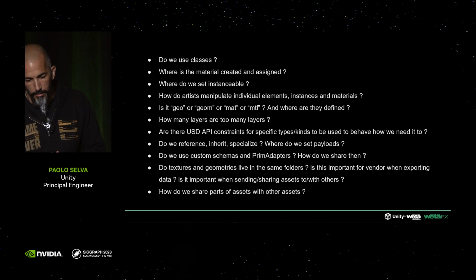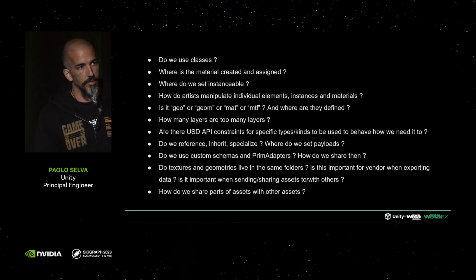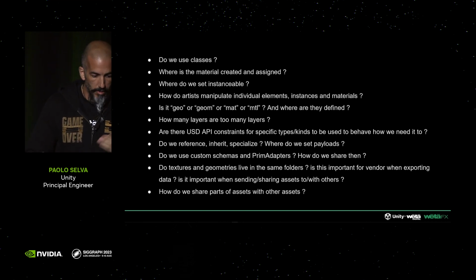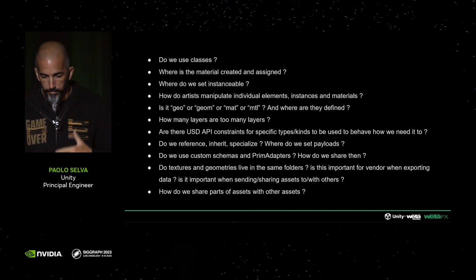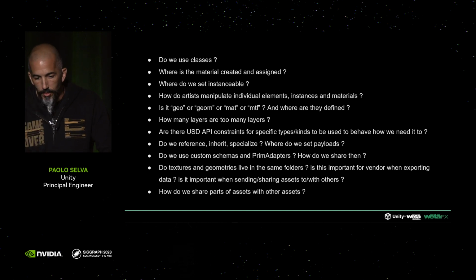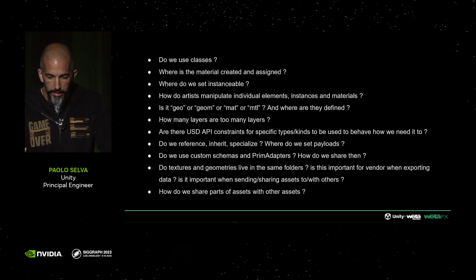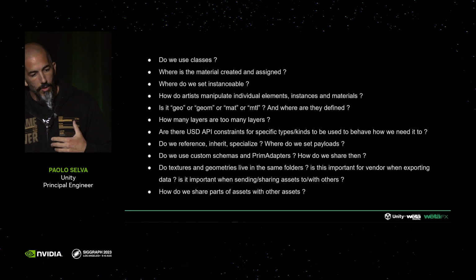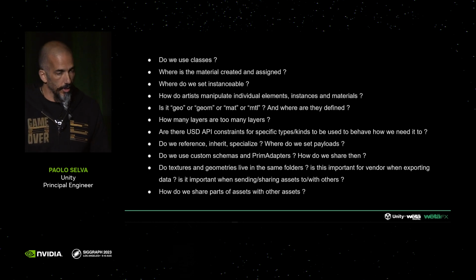For example, maybe we don't want to have textures within the same allocations of other big files, because of some networking or file system problems. So are those intents that we have to agree with, like Maya, Substance, Solaris, to say, when you export the data, how do you want to export it?